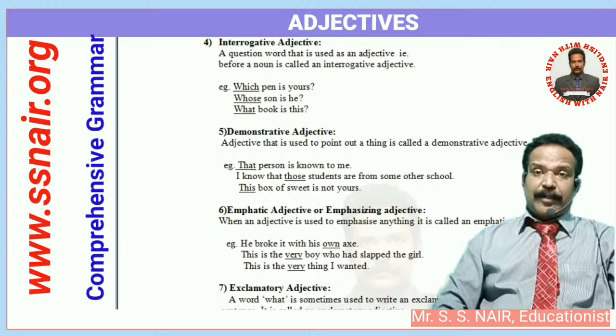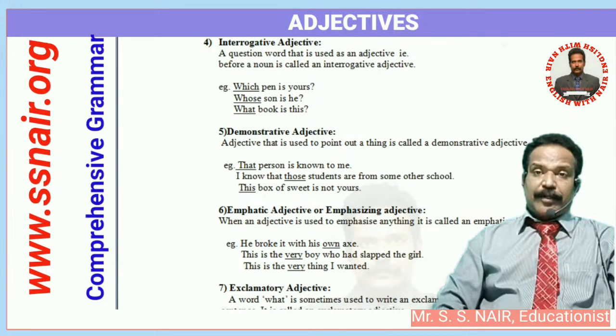I'm using those immediately before students, so it is demonstrative use. The demonstrative words are mostly this, that, these and those: this for near and that for far away, these for plural and those for plural that is far away. I know that those students are from some other school. Those students. Here is the demonstrative adjective.